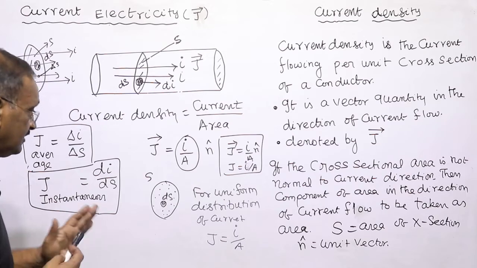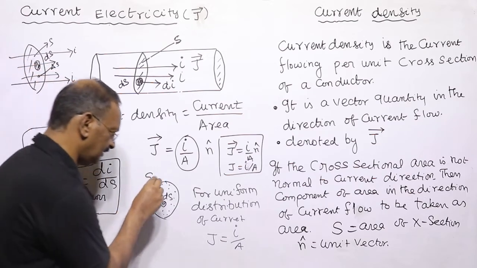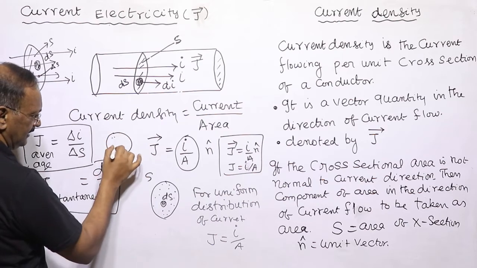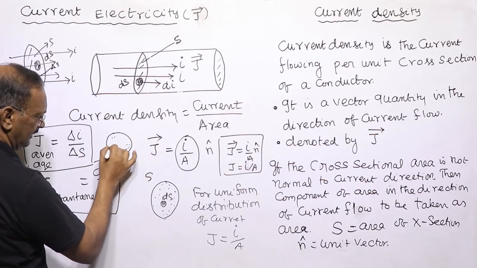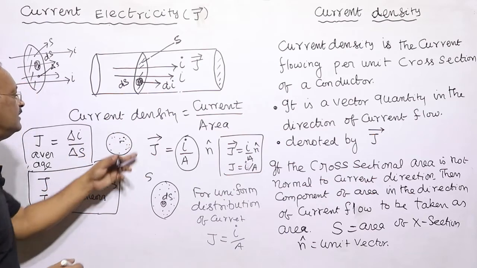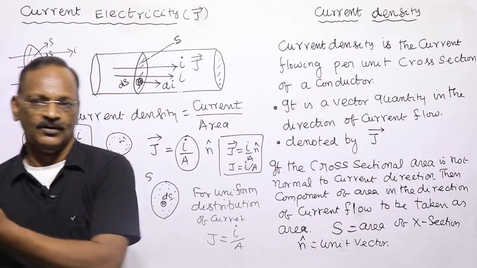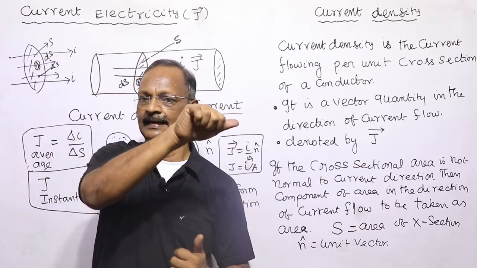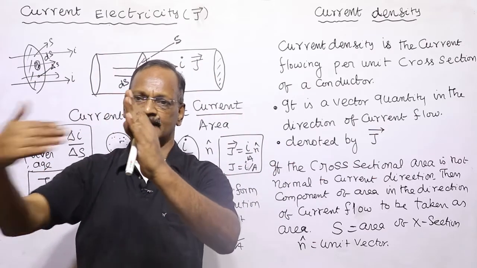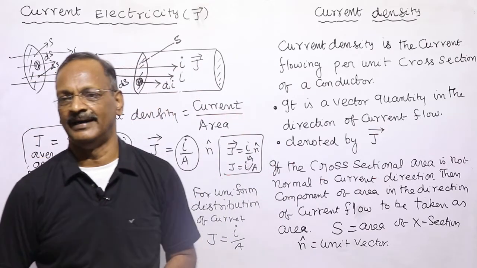If it is non-uniform, it means through this area this much current is flowing, here more current is flowing, here less current is flowing. This is non-uniform flow of current through the cross-sectional area of the conductor. This is the conductor, this is the cross-sectional area, and the current is flowing in a non-uniform pattern.